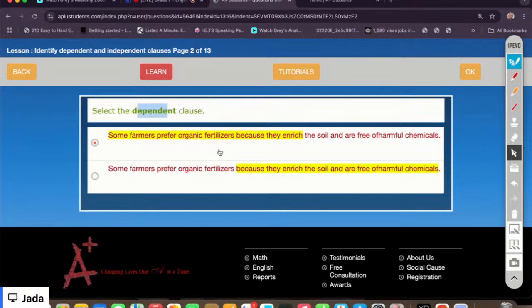Some farmers prefer organic fertilizer because they enrich the soil and are free of harmful chemicals. So which is the dependent clause here? Is it the first part or the second part? What do you think?